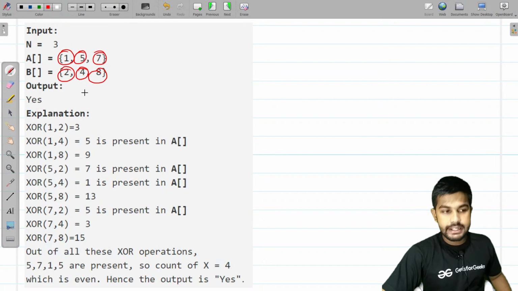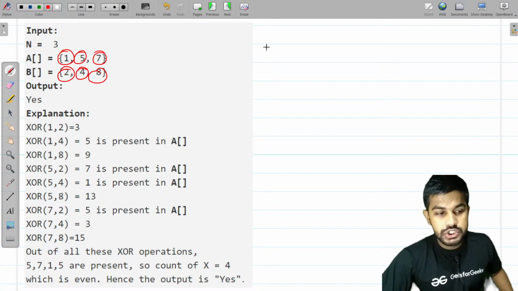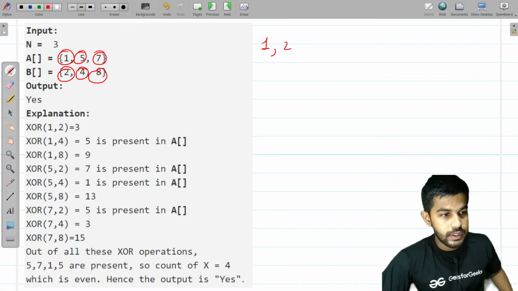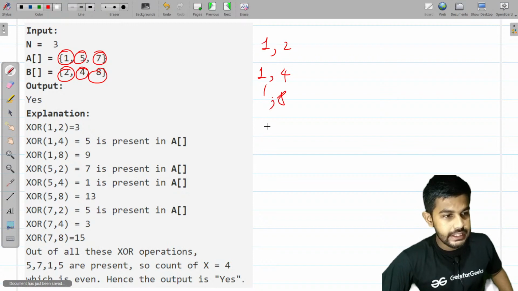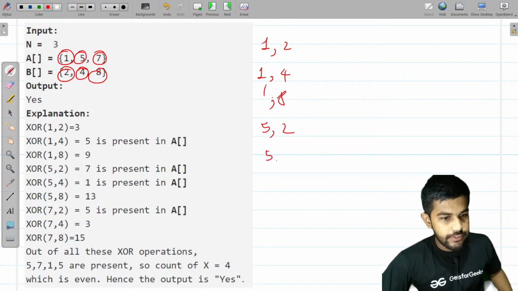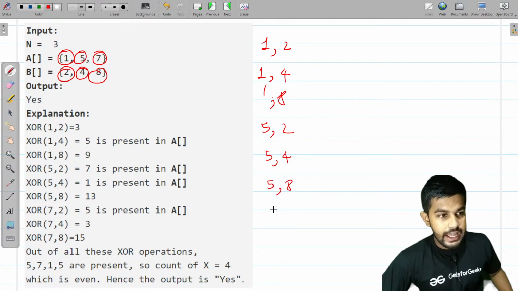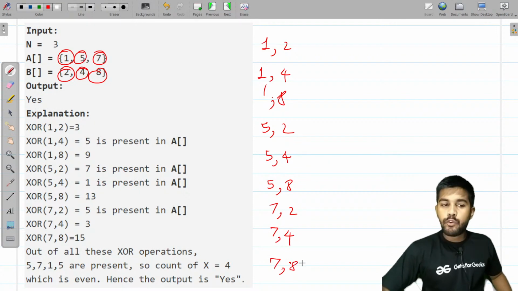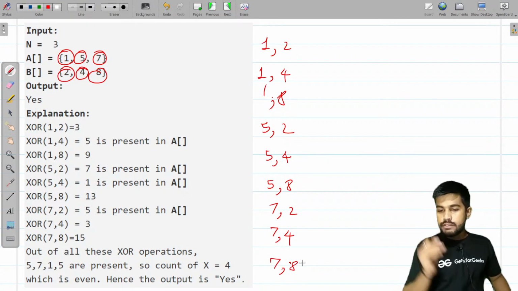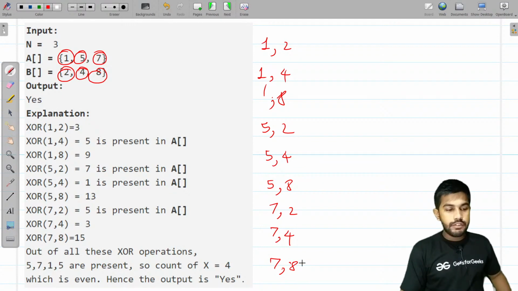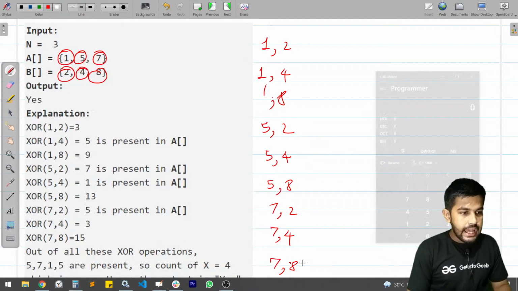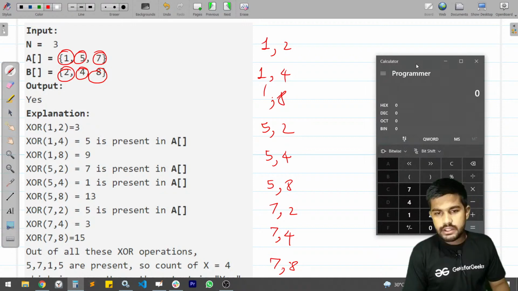We need to check the pairs 1,2; 1,4; 1,8; 5,2; 5,4; 5,8; 7,2; 7,4 and 7,8. I won't work out all the values by hand because it would take a lot of time, so I would be using a calculator.